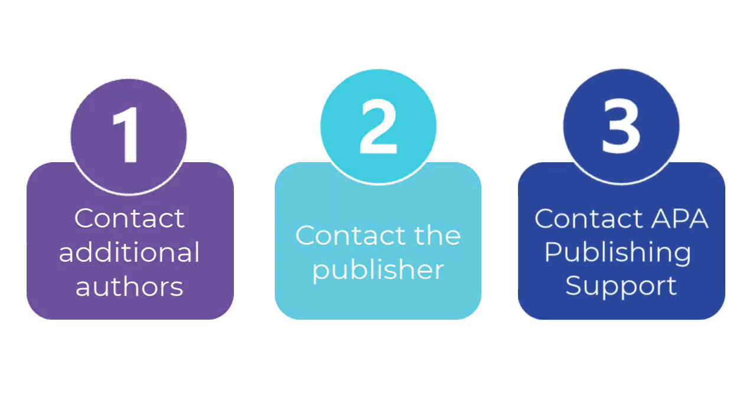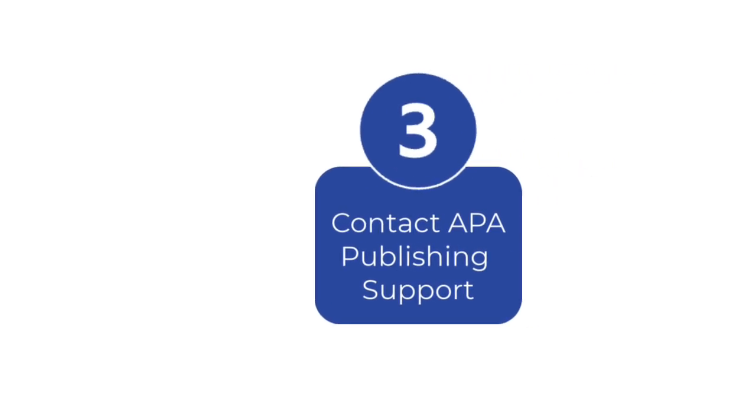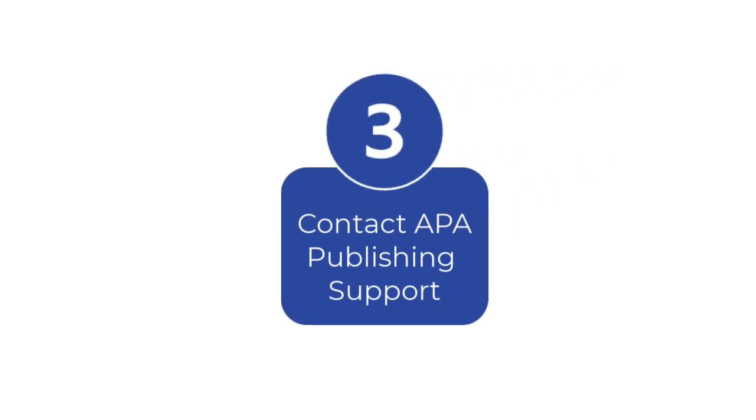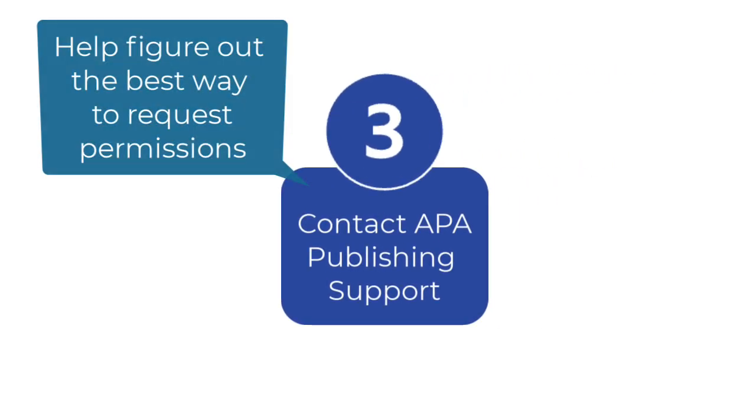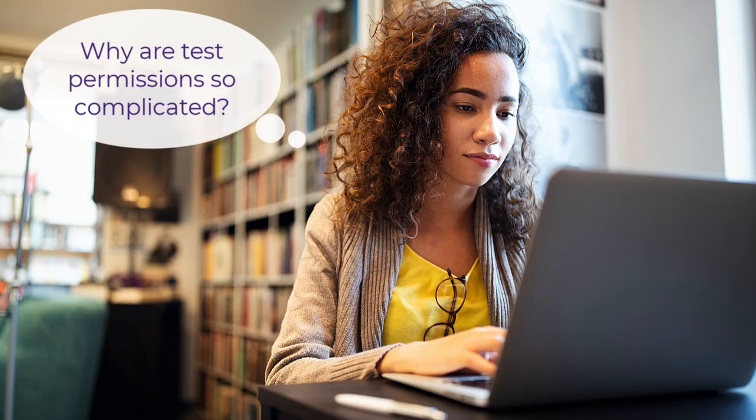While APA can't grant permissions for tests that are owned by other publishers, we're happy to help you figure out the best way to request those permissions, especially if the test record is unclear or is missing contact information. By now, you might be wondering, why are test permissions so complicated?